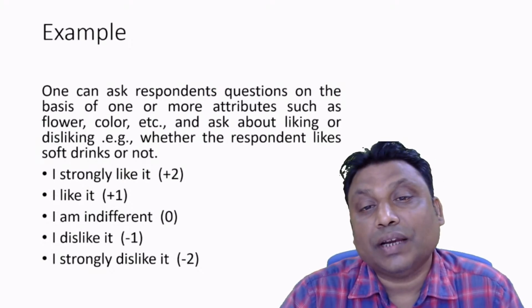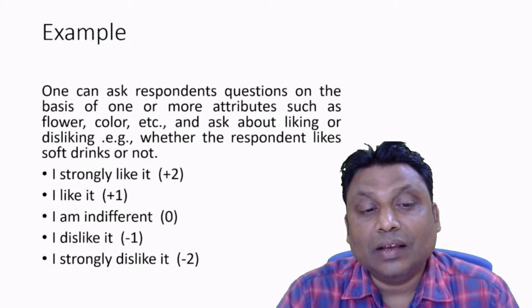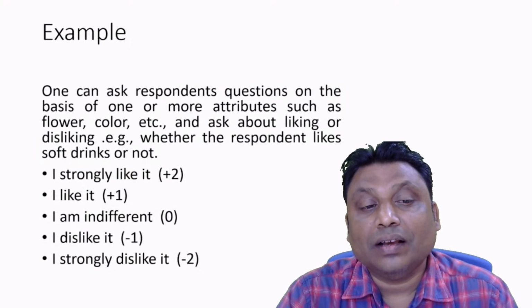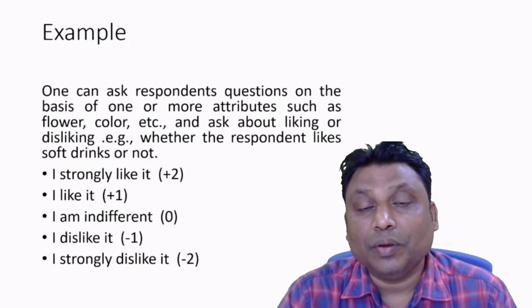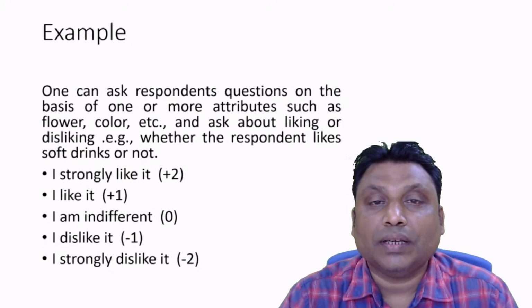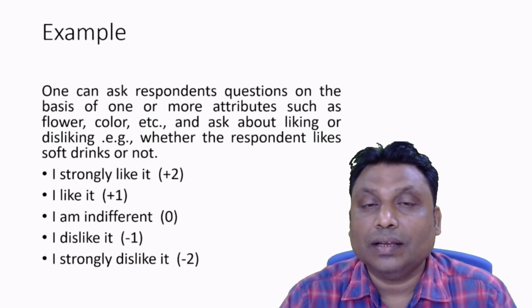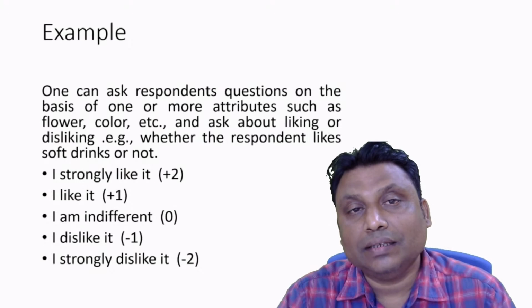But ranking generally starts from 1. Here we are not taking 1, 2, 3, 4, 5; we are taking some positive part and some negative part, and neutral is equal to 0.